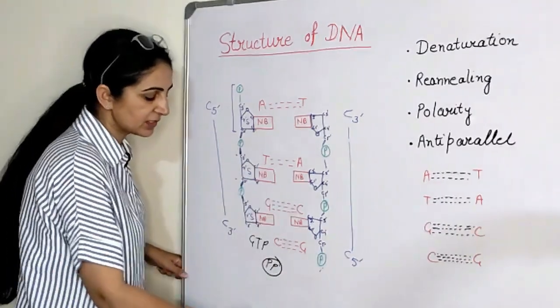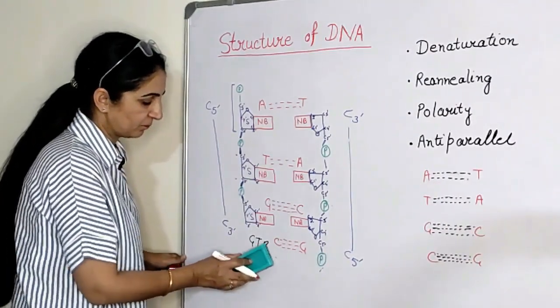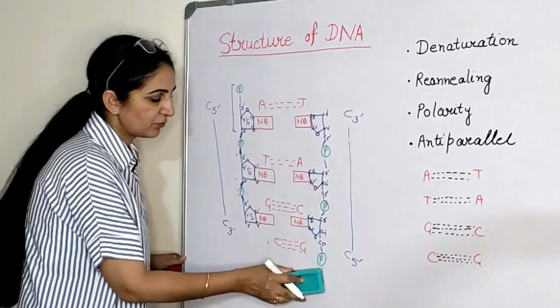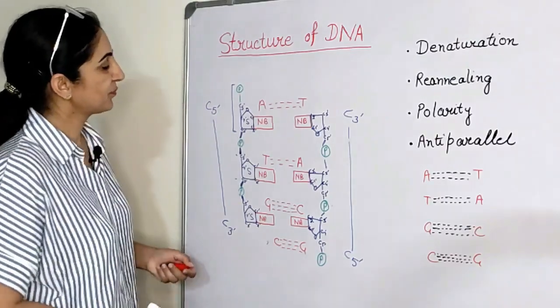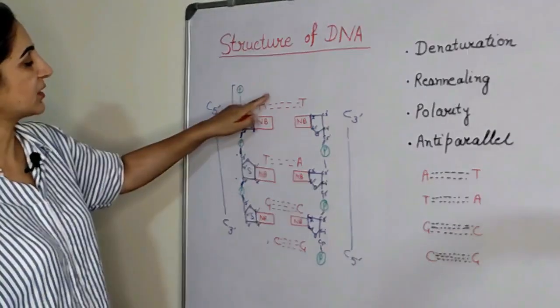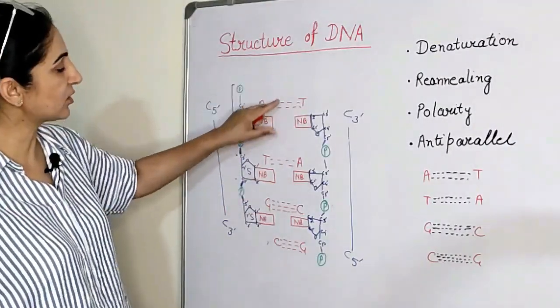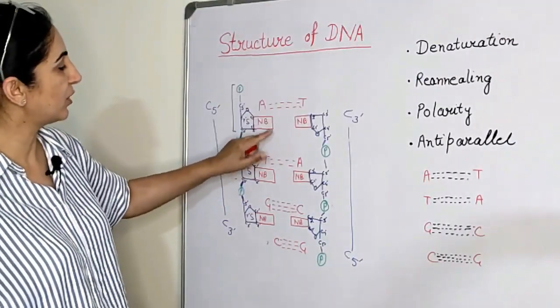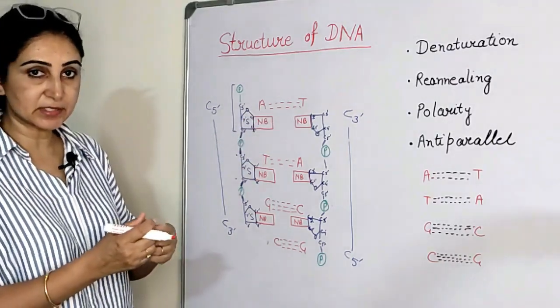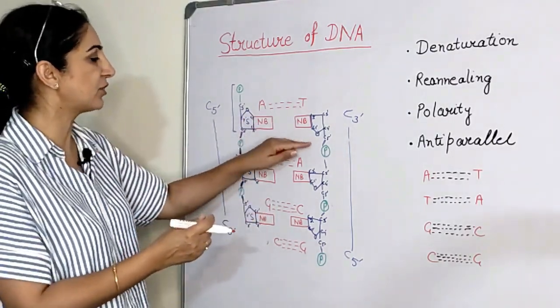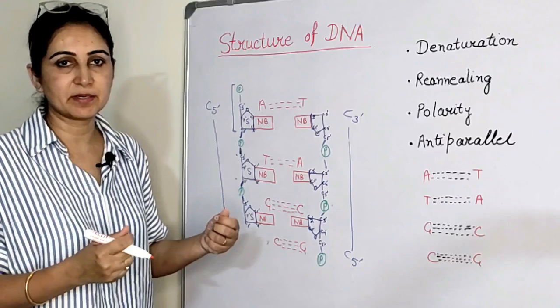Suppose we heat this DNA molecule. If we increase the temperature slowly, first these two hydrogen bonds will get broken, in the areas of DNA where there are more AT pairs, and the two strands of DNA will get separated.